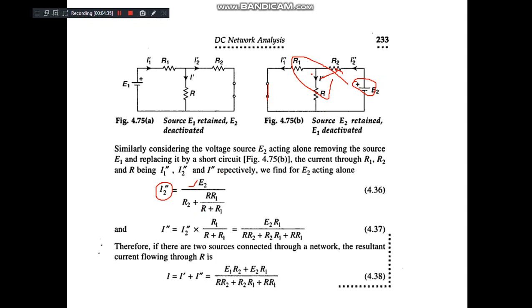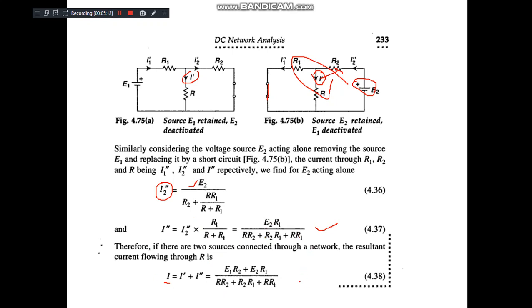So here we are finding the total current passing through R when E2 is conducting. So the total current is I2 double dash into the opposite resistance, that is R1 by R plus R1. This is the current passing through R when E2 is activated. So you have to consider the total current, that is I dash plus I double dash, the summation of both currents.